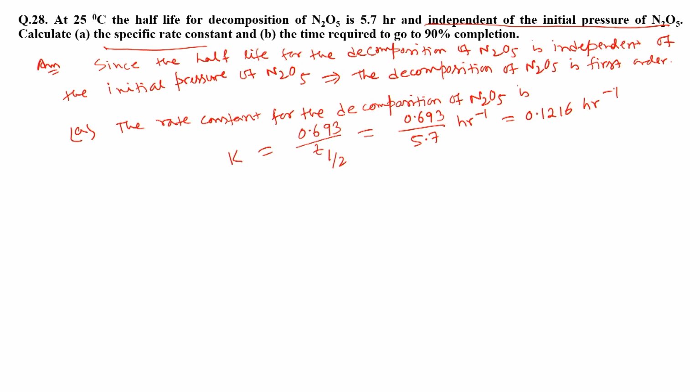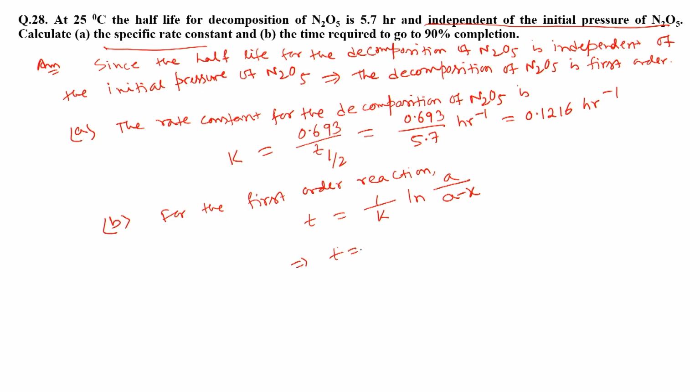This is very easy. And once we got the value of k, we can calculate the time required to go to 90% completion. 90% completion means 10% remaining, right. So, for the first order reaction, t is 1 by k ln a by a minus x.